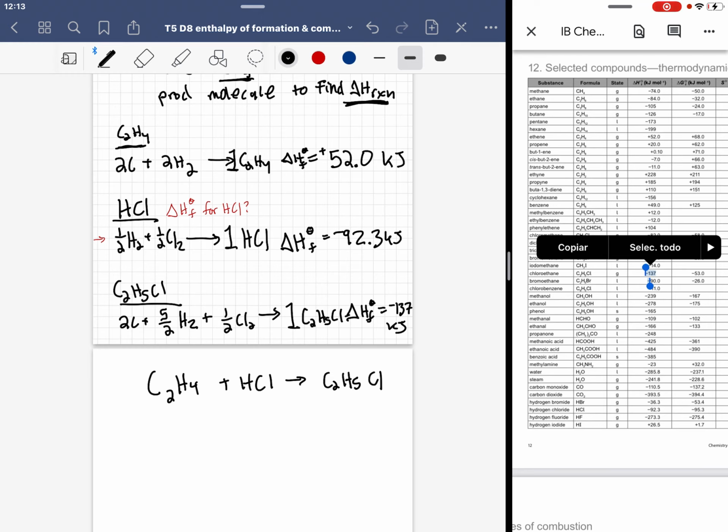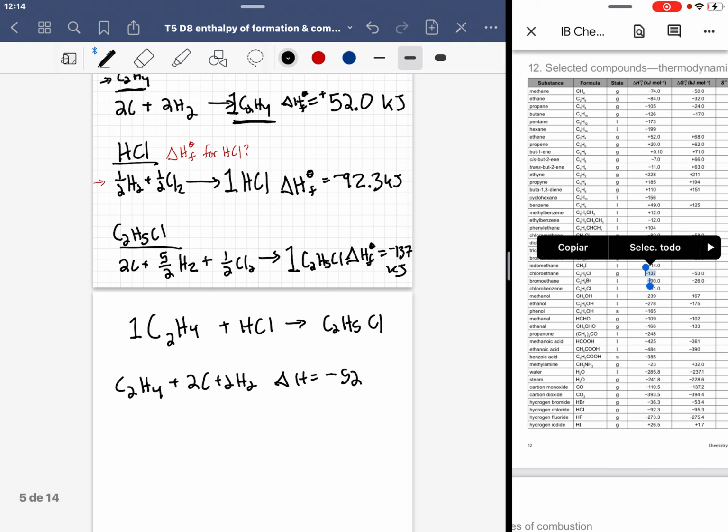Looking at my first intermediate reaction, the molecule I want has the correct coefficient, the same as in the overall reaction, but it's going the wrong way. So let me rewrite this: plus 2C plus 2H2. Delta H is equal to negative 52 there.